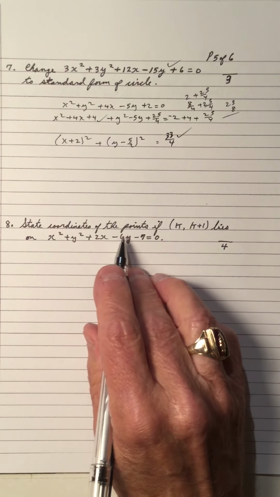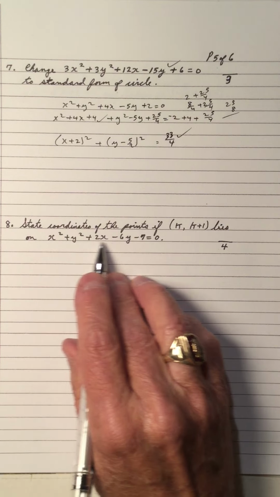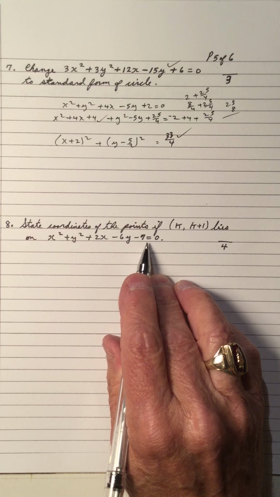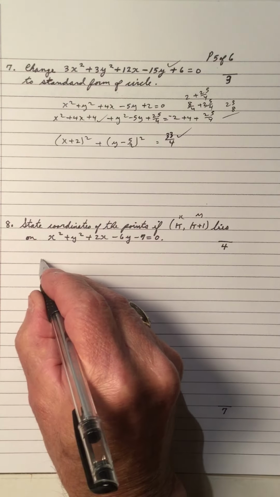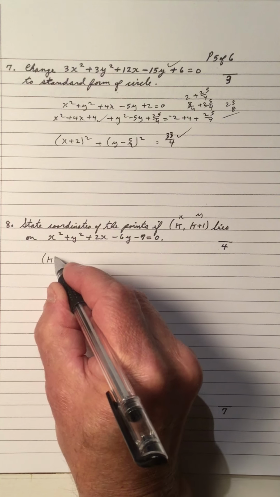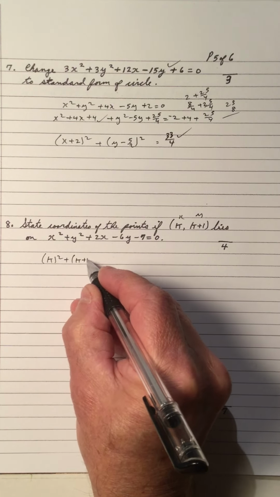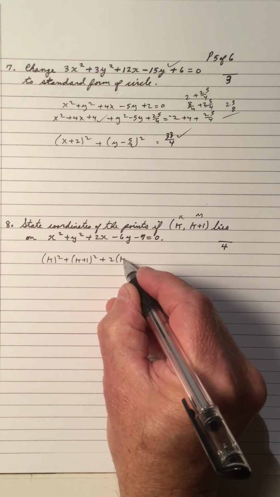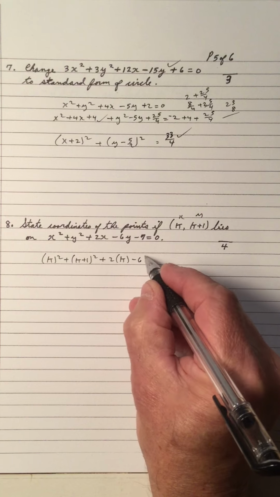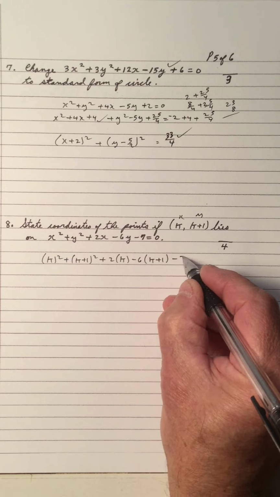Number 8. State the coordinates of the points if k and k plus 1 lie on this general form of a circle. So that's x and that's y. So we put k in for x, and we put k plus 1 in for y.